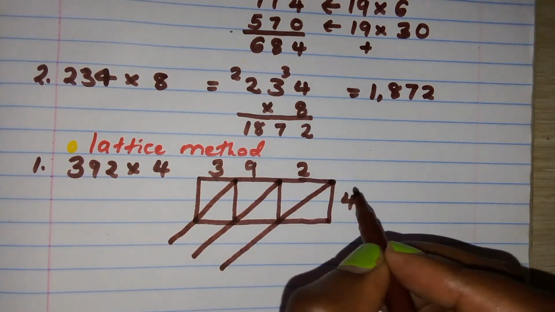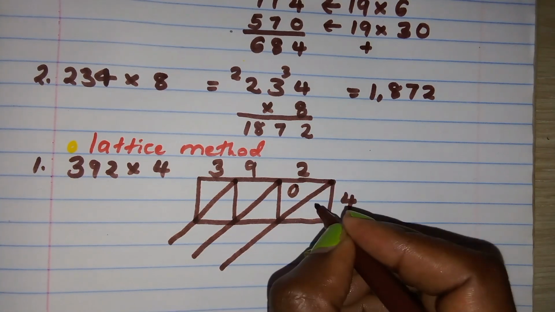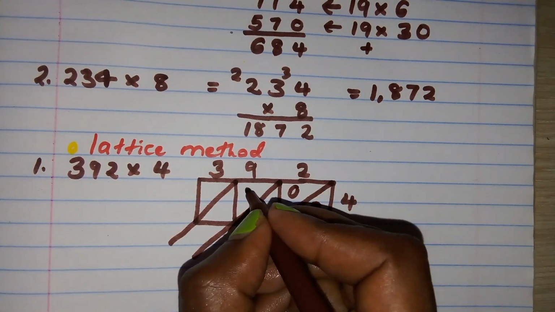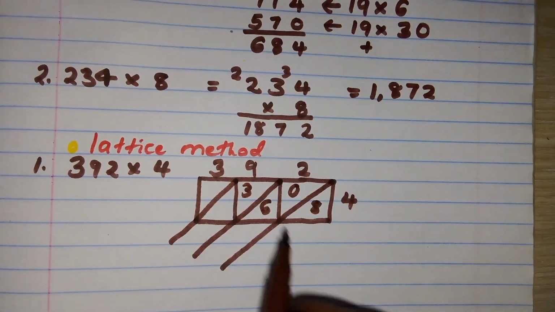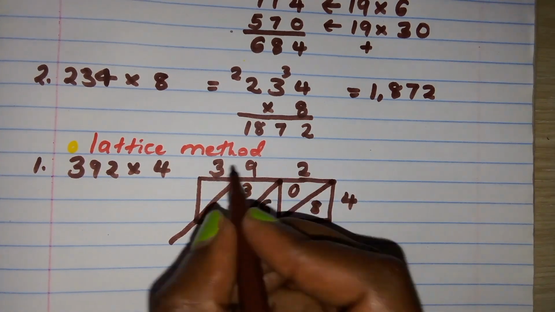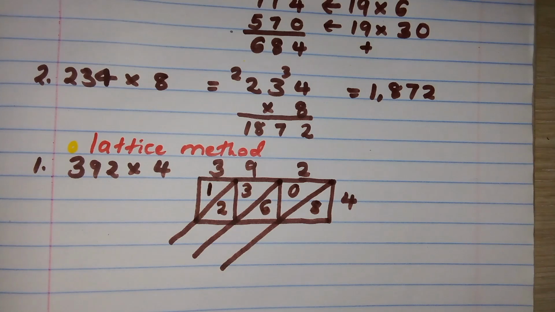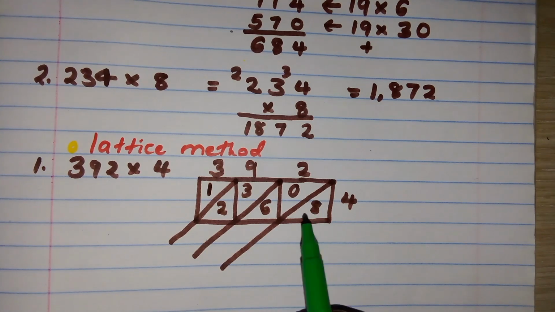Now 2 times 4 would be 8, isn't it? 0, 8. Then 9 times 4 would be 36, 3 and 6. And last but not least, you have 3 times 4 would be 12. So you write it like that. Then here you come and add the numbers. So we're just adding whatever is inside the triangle.